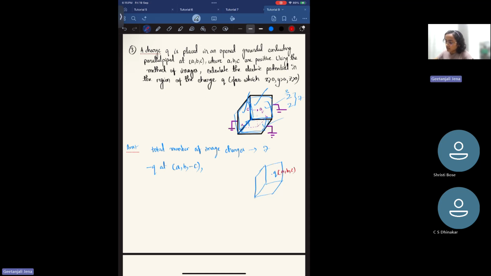So this is A, B, C. So 1 will be here, minus q at A, B, minus C. And other will be here, which is A, minus B, C. Other will be minus A, B, C. And other image charge, opposite to A, B, C, is minus A, minus B, minus C. This is 3, and 4 more will be there, which is Q at minus A, minus B, C, and minus q at minus A, B, minus C, and 1 is A, minus B, minus C.